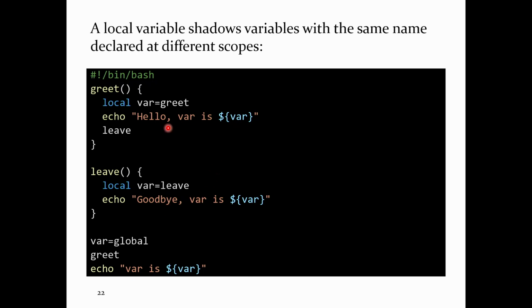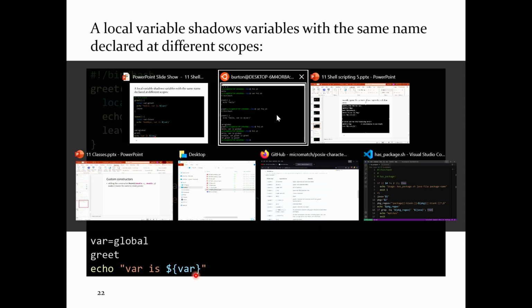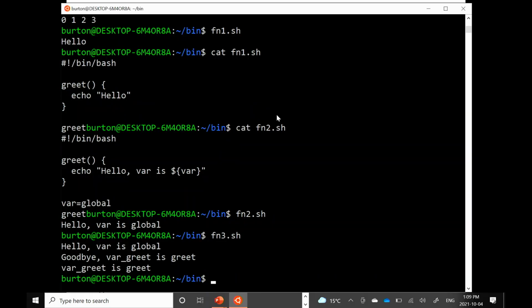Control flow comes back up to here. Now greet is done, so control flow flows back down to here. And now down here, what's the value of var? Well, that was local, and that's local, so it doesn't change this one. And so this is still global. So I think that's 4.